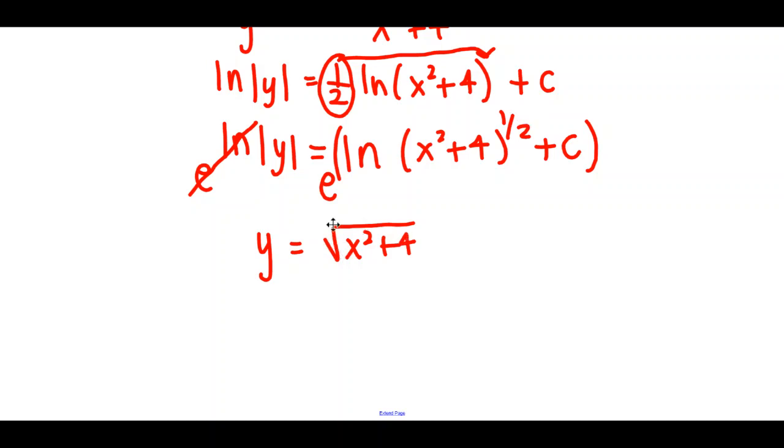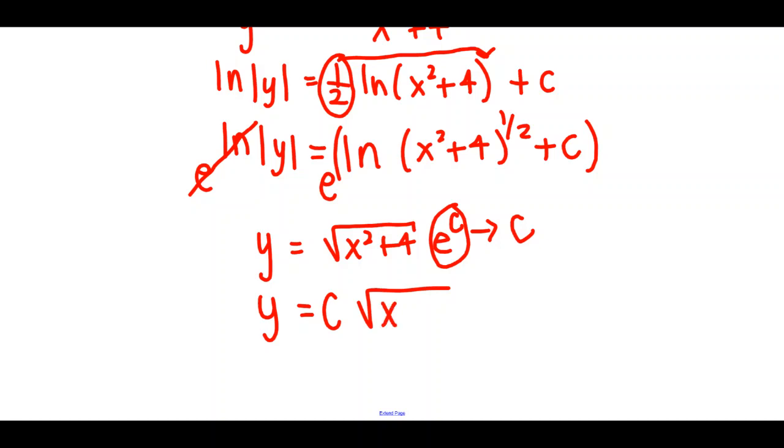The 1/2 is that square root. And e to the c. This e to the c is just a constant, so that's going to be my new c value. So y equals e to the c, or just c, square root x squared plus 4. There's my general solution.